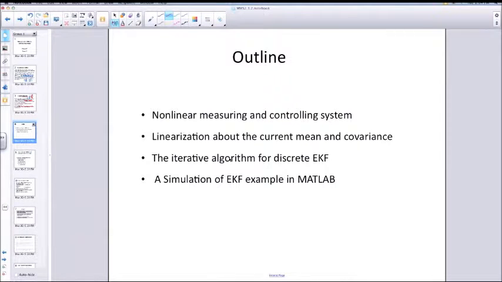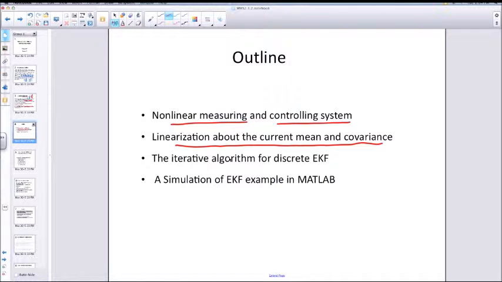Now the outline today is, first we look at the nonlinear measurement and control system. And then we review how to use the Taylor series. You remember the gradient and Jacobian matrix, to linearize the measurement and the control function.